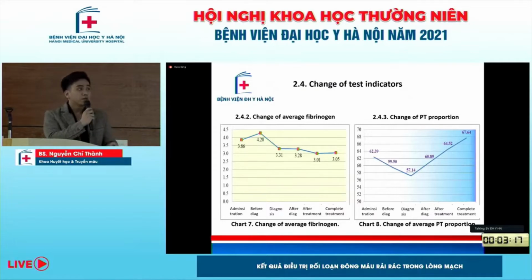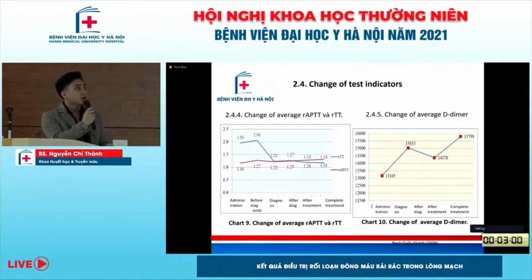Meanwhile, the prothrombin time proportion increased significantly from the diagnosis time to complete treatment, from 57% to 67%. APTT and TT are still stable from the diagnosis time to after treatment. Meanwhile, D-dimer fluctuates significantly at a high level.